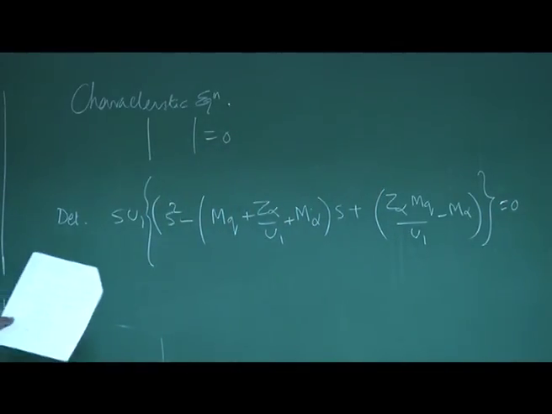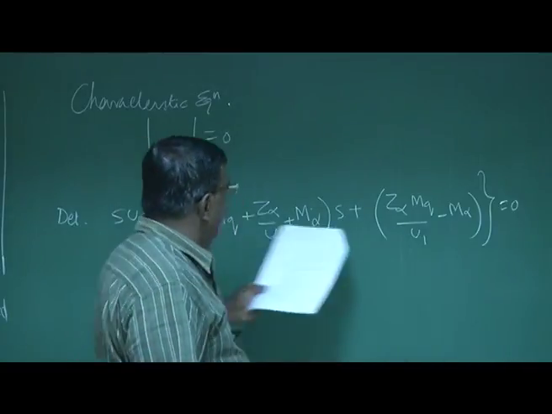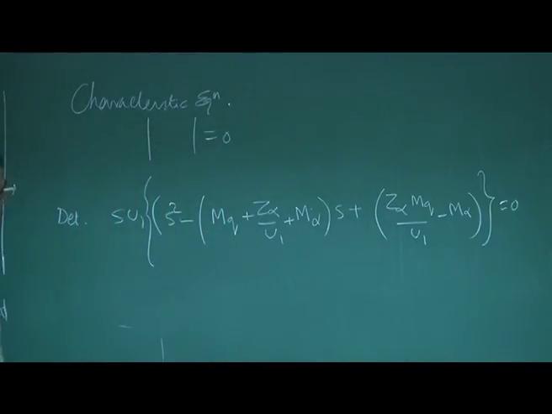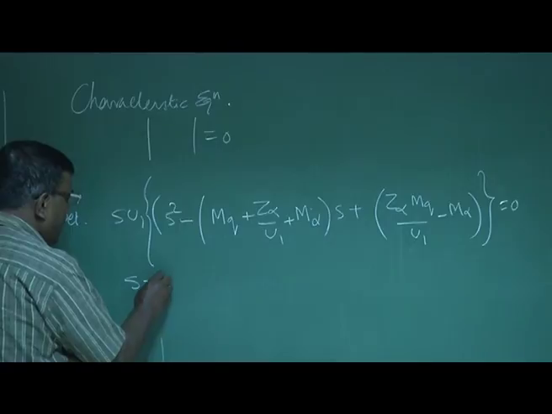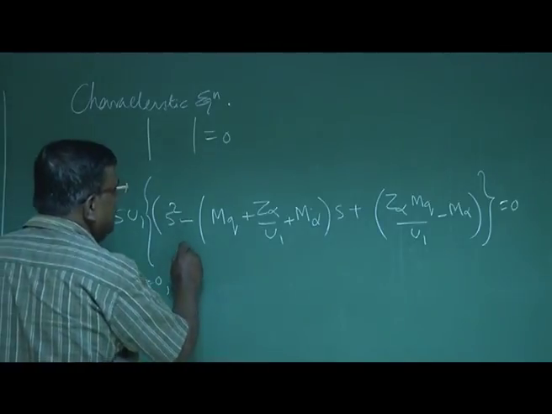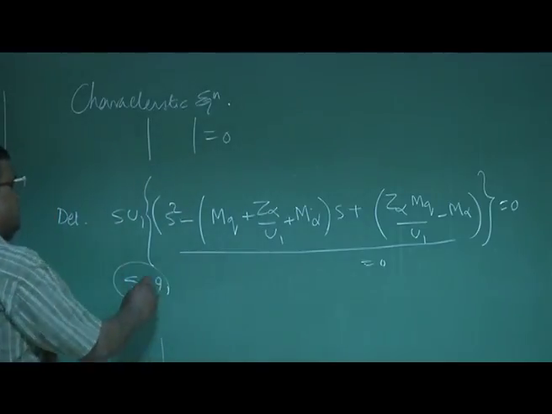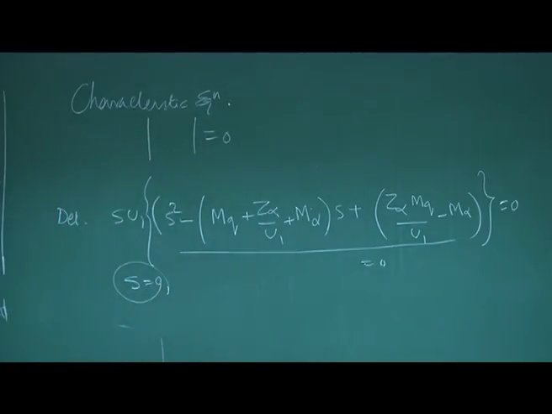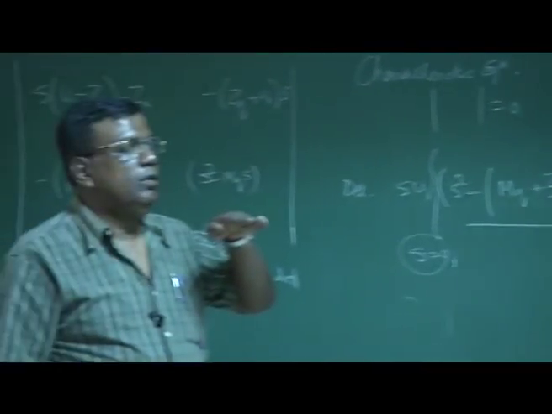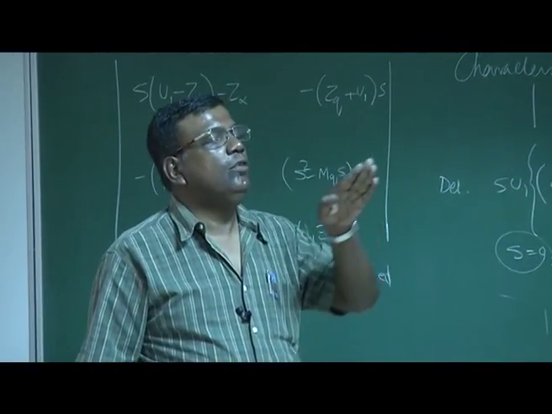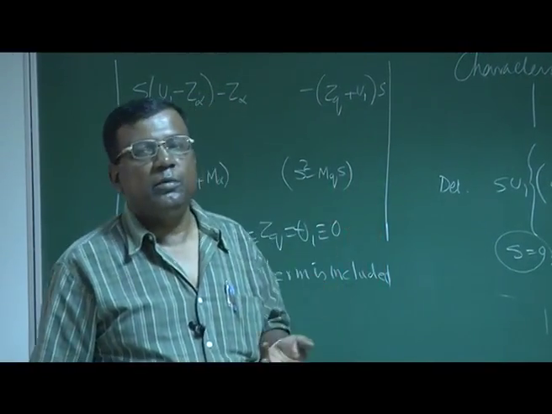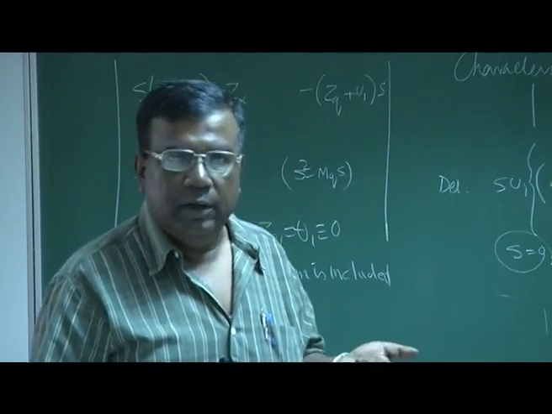Now this equal to 0 means that this one is 0 or this one is 0 or both are 0. So from this you get s equal to 0 as one solution, another is this whole term equal to 0. S equal to 0 is obvious. This is some sort of a neutral stability because airplane, whether it goes straight, goes like this or goes like that, as far as aerodynamics is concerned, it is the same thing for it, right?